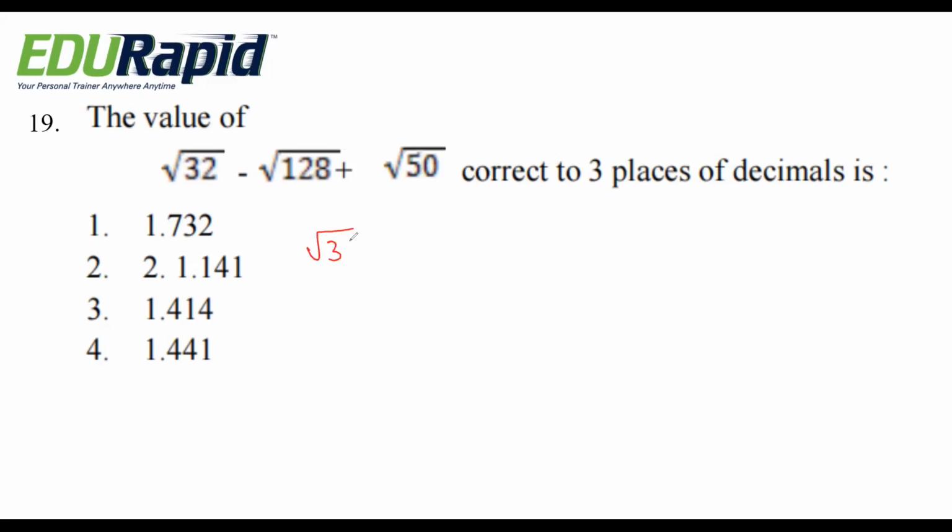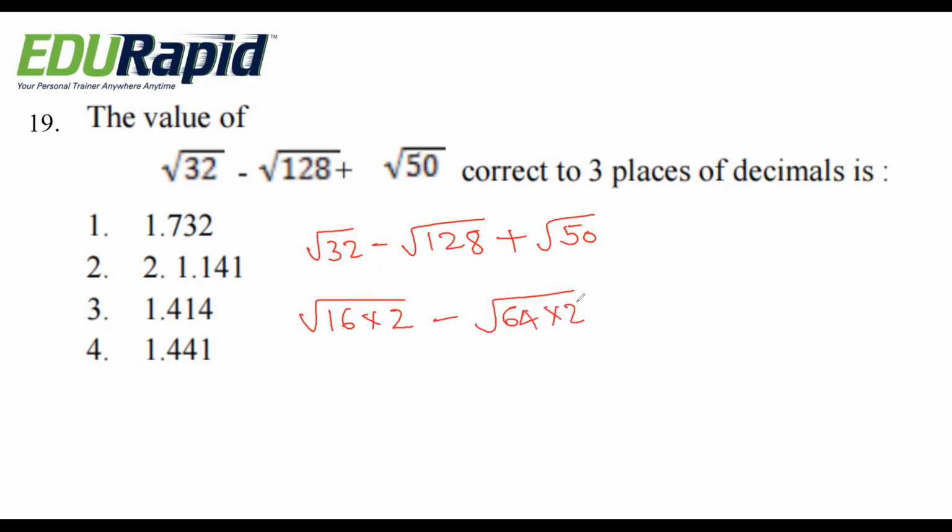Square root of 32 minus square root of 128 plus square root of 50. You can split like this: 16 into 2 for 32, 64 into 2 for 128, and 25 into 2 for 50. If you observe, all these are square numbers.